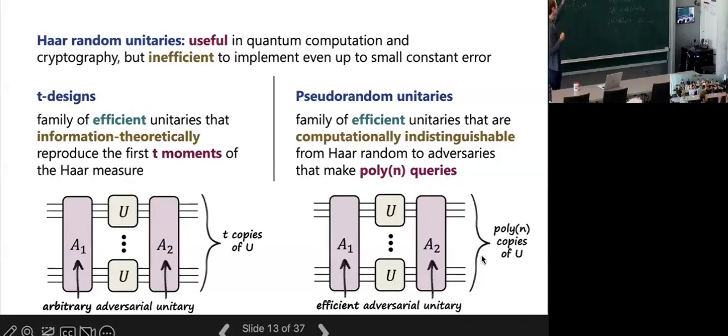Oh yeah, this is basic, you can draw the same kind of picture for T-wise independent permutations. There's a question of how you count queries, right? I think his point was, can you use quantum adversaries to potentially distinguish a classical design? That's what I mean by it being a question of how you count queries. You can make a superposition query, and T-wise independence is defined with respect to bit strings, right?